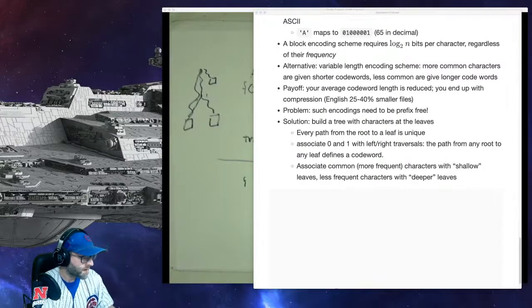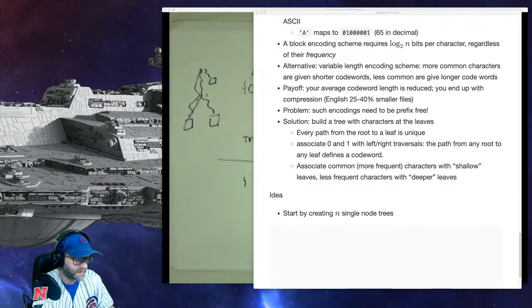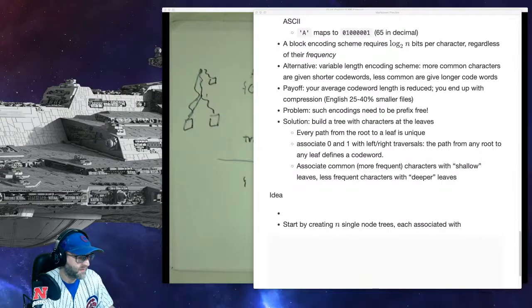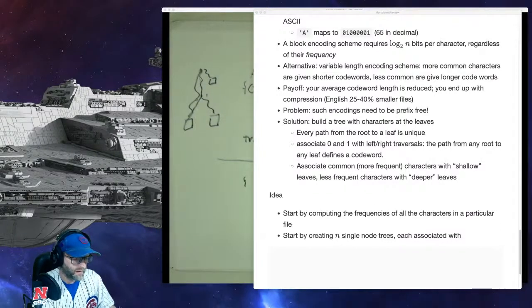Okay. So here's the basic idea. I'll start by computing the frequencies of all the characters in a particular file, right? When we do Huffman coding, it's for a particular file and a particular probability distribution within that file.